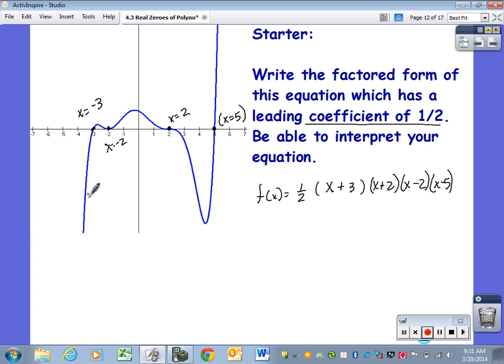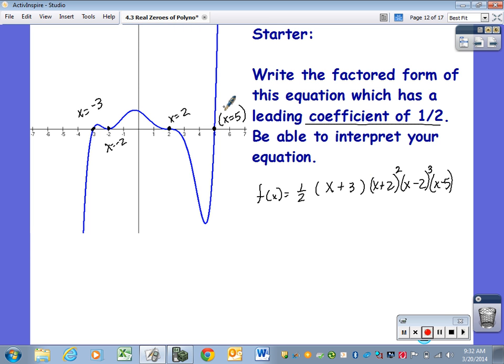-3 crosses over straight, power of 1. -2 touches, so it has to be even. 2 crosses over and flattens, so it has to be 3. 5 crosses over, 1. 1 plus 3 is 4, 5, 6, 7th degree.